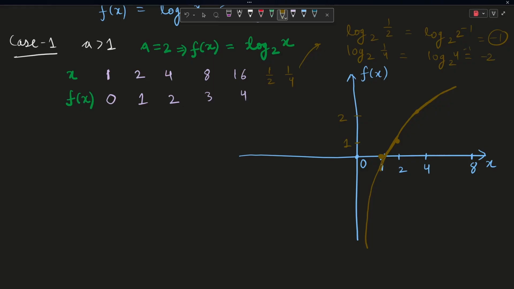So the value is shifting towards the negative y-axis. This is the graph that we can plot, right? And it is not like I've drawn the line just to extend it. The graph comes here for values which are less than 1 but greater than 0, right?